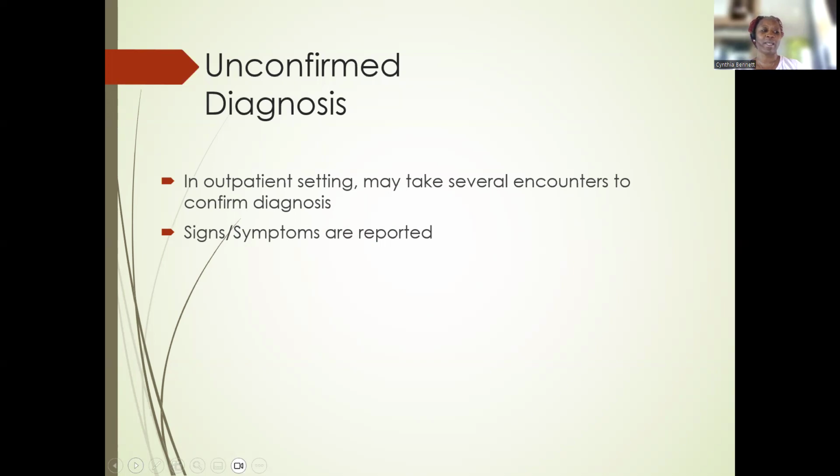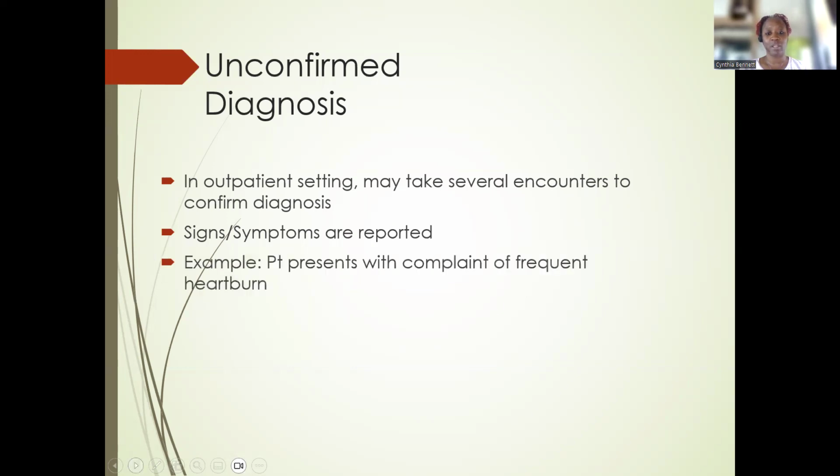The doctor runs a test or sends it to the lab, and the lab then determines it's strep throat. But we don't have that at the time the patient came in on that first visit. Maybe they come back in for another visit, then we can use the strep throat. So we only assign diagnoses for confirmed diagnoses. If we don't have a confirmed diagnosis, we'll use the signs and symptoms for which that patient came in.